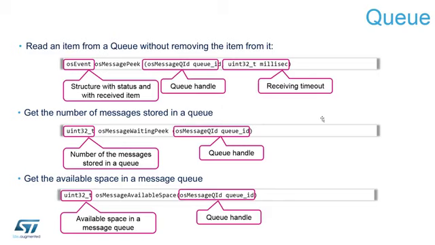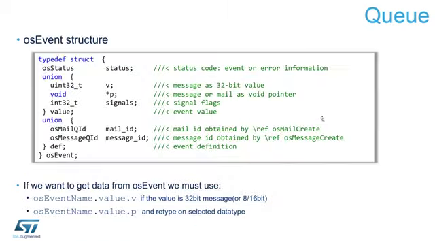You can as well check how many messages are waiting in the queue, and you can check what is the available space. So these functions are exactly opposite. One counts how many are inside, and the other counts how many still fit in. When you get the message, it's received through the OS event structure.